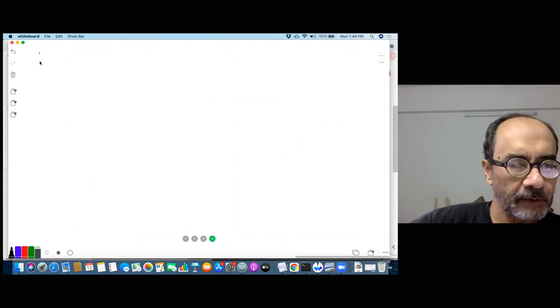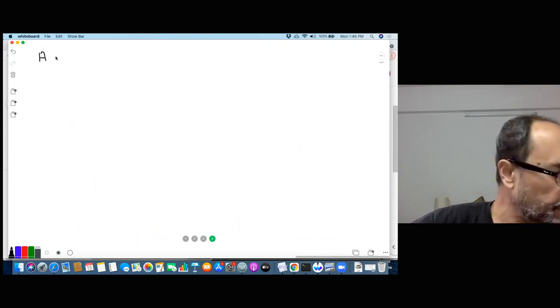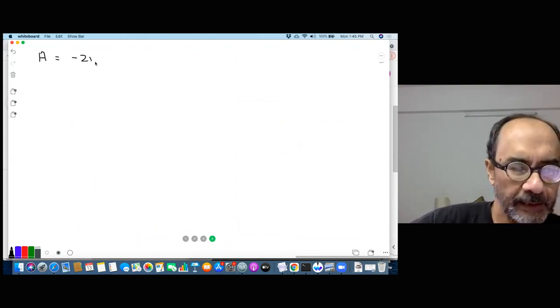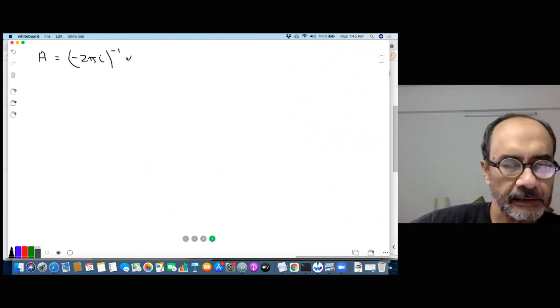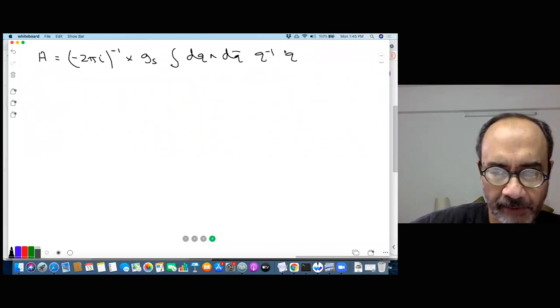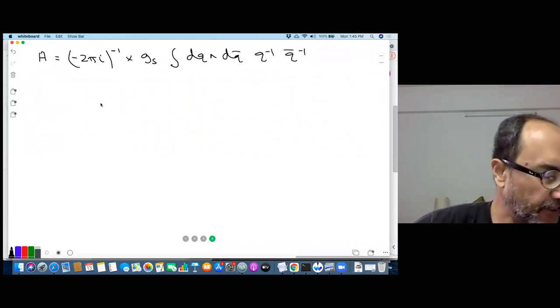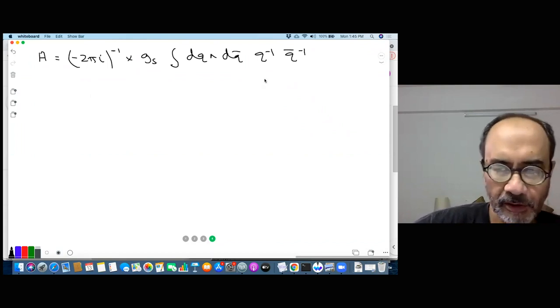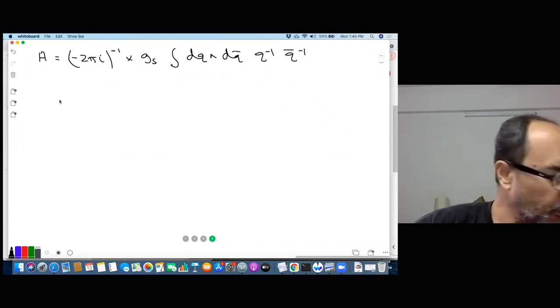So with this, we can now write the amplitude as minus 2 pi i inverse times g_s times the integral dq dq bar. I have taken out q inverse and q bar inverse, which came from those contour integrals.